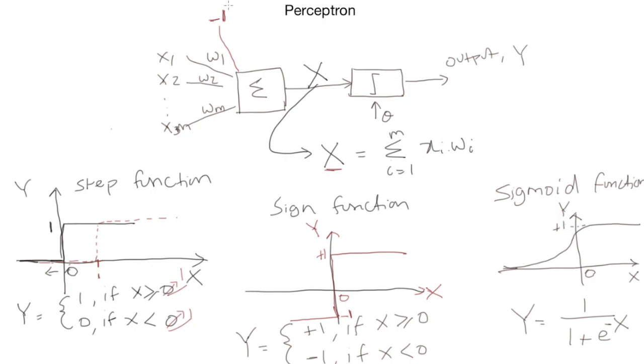So this is an alternative way of managing thresholds instead of explicitly stating it in the activation function.